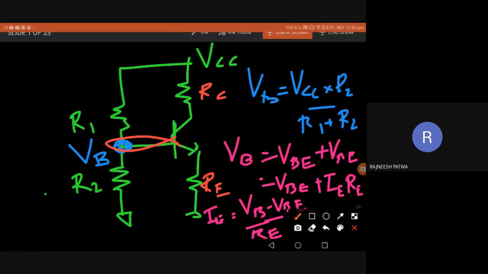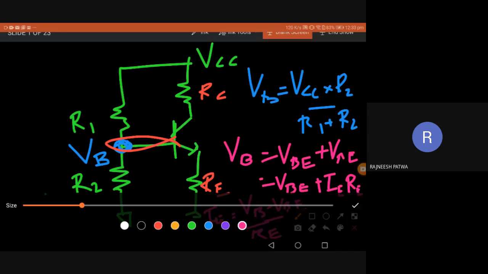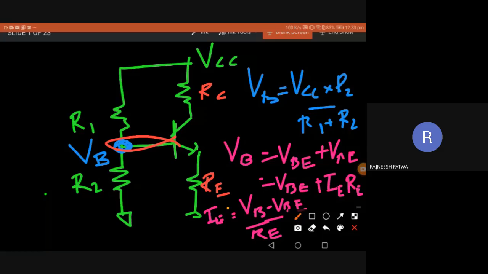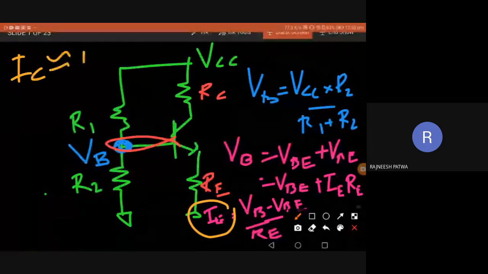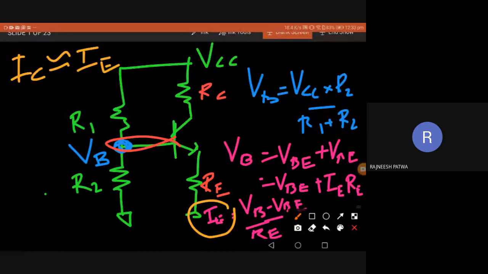So here also we got IE without use of IB or beta. This is a beta independent equation. Once you get IE, as I already discussed, we can take IC approximately equal to IE. Now we can easily calculate VCE from Kirchhoff's law in the output circuit: VCC equals ICRC plus VCE plus IERE.